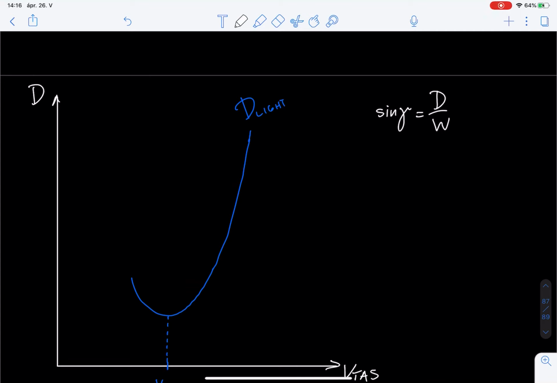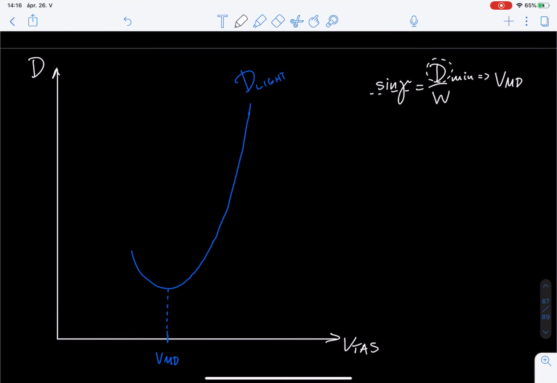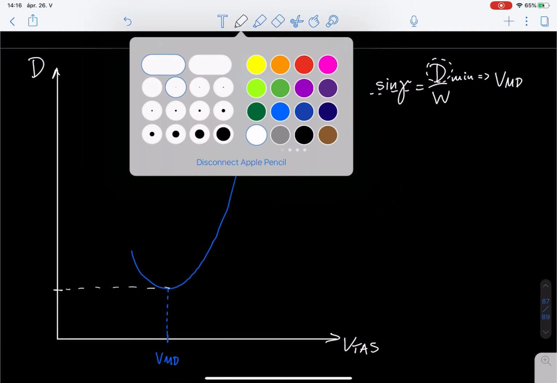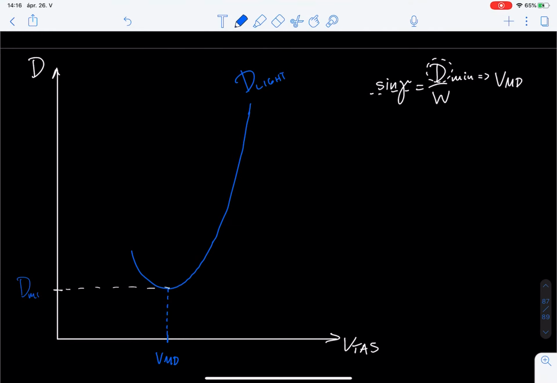So for a given mass, of course, the velocity where you can maintain the smallest sine of gamma is where you would minimize the drag. So therefore, VMD. So you want to minimize the drag, so therefore that happens at VMD. But of course, it doesn't explain how mass affects the flight path angle. Okay, so here you would have the D min, or the D light min, let's say DL min.